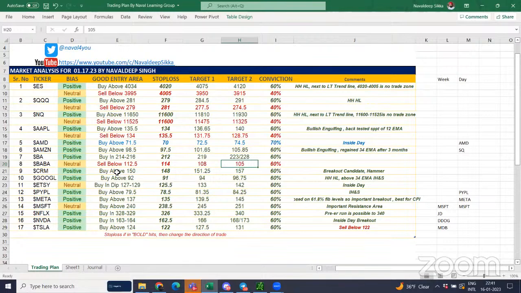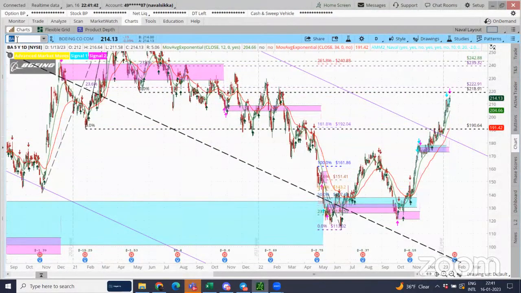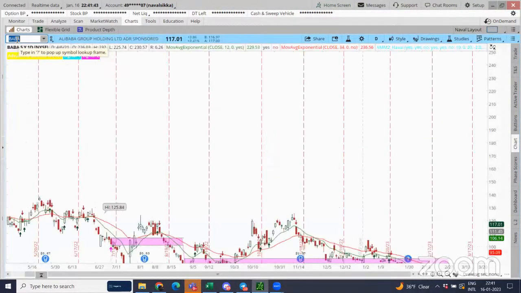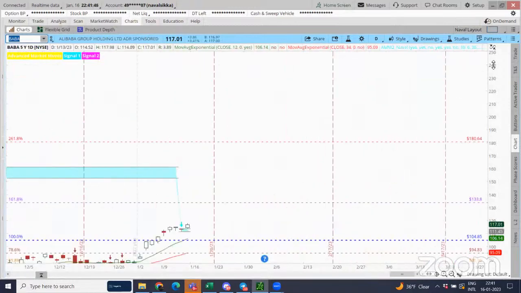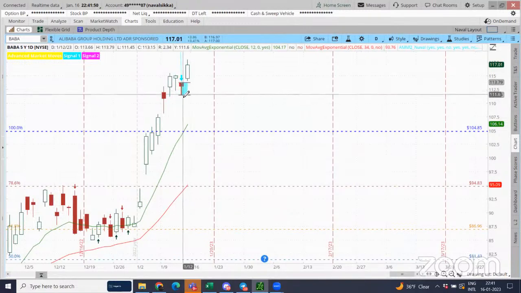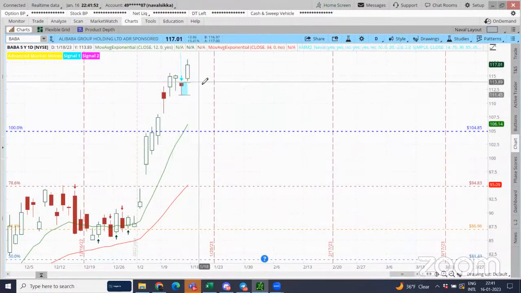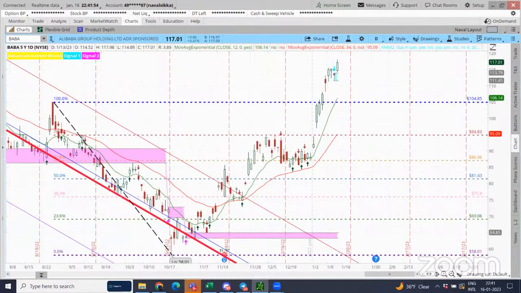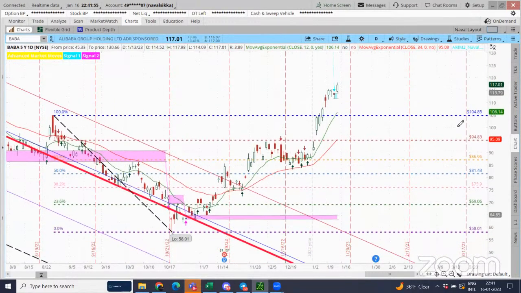Baba is holding the 112, 115 area. It's trying its best to hold against a breakdown, but somehow it's managing to hold this area, which is bullish for me.